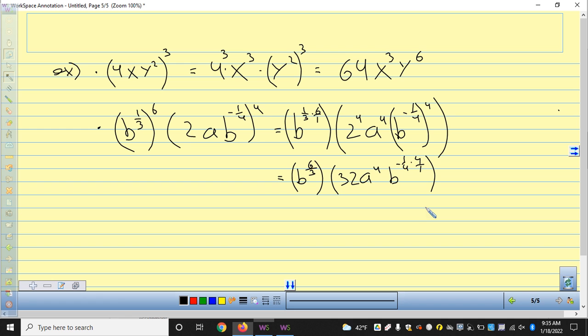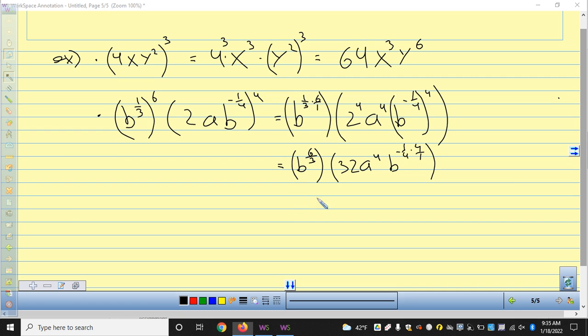So I'm making all these steps explicit so we can see exactly what we're doing here. Well, what's 6 over 3? 6 divided by 3? 2. And I have 32a to the 4th. What's negative 1/4 times 4 over 1? Negative 1, because I have that negative.